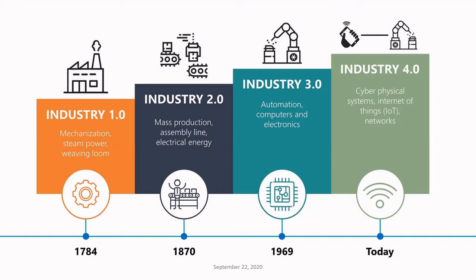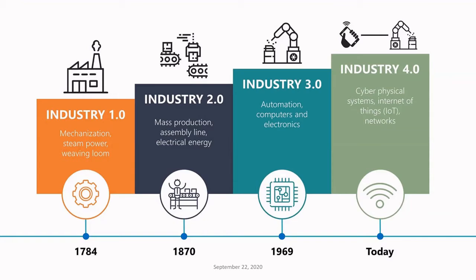Okay, so we're currently in Industry 4.0. This is a layout of what the different industry segments have looked like. Starting in the 18th century, things were powered by steam. Mechanicalization was just kind of beginning. You move to Industry 2.0, where there's more of a mass production assembly line.